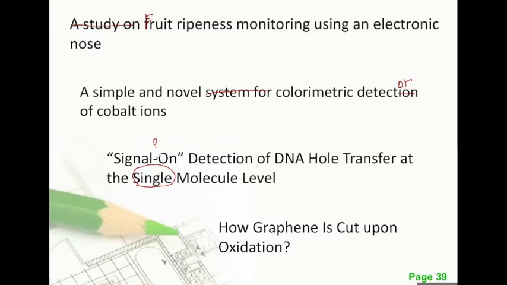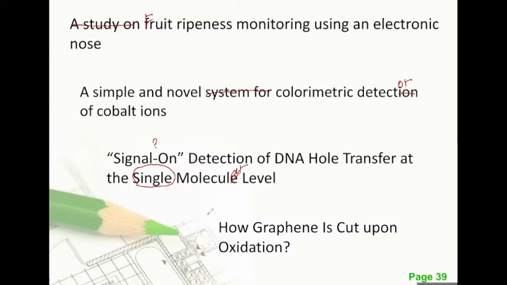So pwedeng DNA whole transfer at the molecular level, no? Or molecular level. Ganon. Okay. Or at kung mahalaga yung single, it can be signal on detection of DNA whole transfer at a single molecule. No, pwede ganon. So again, it depends on the main idea.